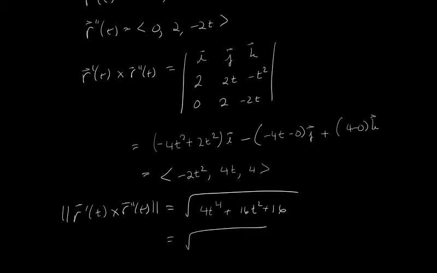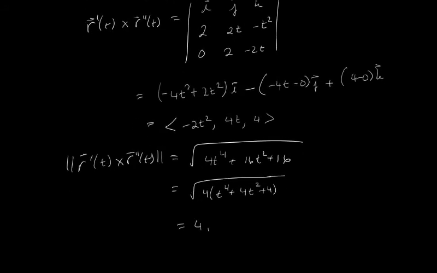All right, see if we can simplify that. We can definitely take out a 4. We get t to the 4th plus 4t squared plus 4. So that's 4 times t squared plus 2, quantity squared. So that's 2 times t squared plus 2.